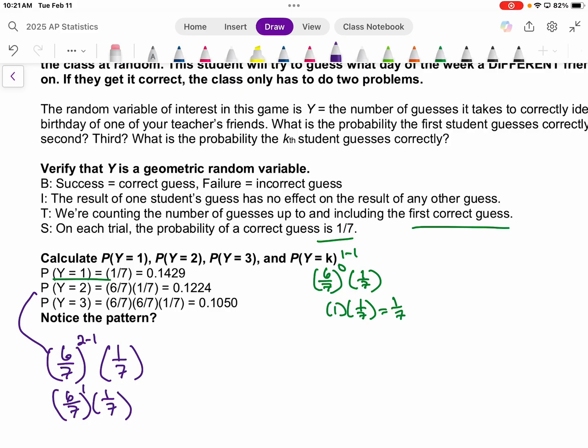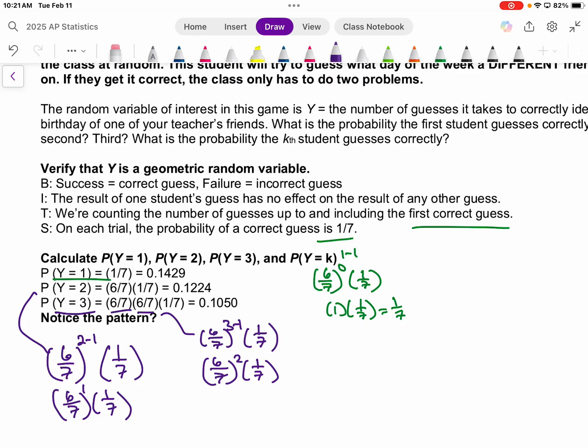For the third guess, formula-wise, we would look at 6/7 to the 3 minus 1 times 1/7. So that's 6/7 squared times 1/7, and that's why we see the 6/7 times the 6/7.